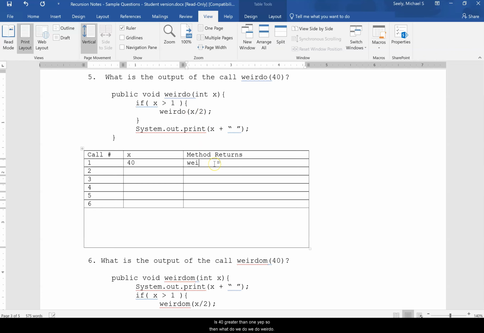We do weirdo 40 divided by 2, which gives us 20. 20 is greater than 1, so we got weirdo 20 divided by 2, we get 10. Weirdo 10 divided by 2, we get 5.